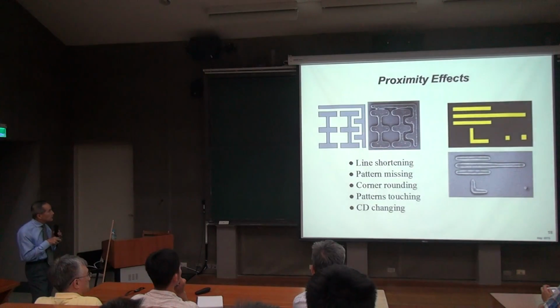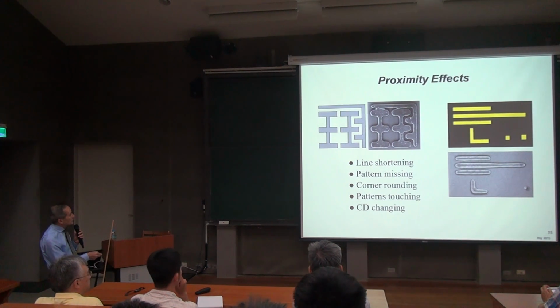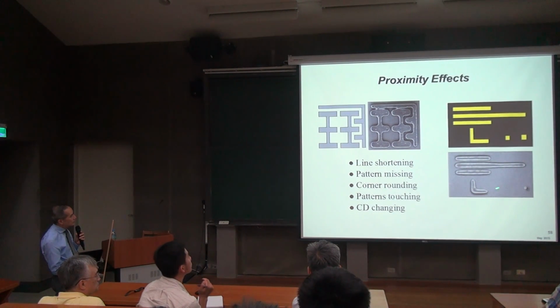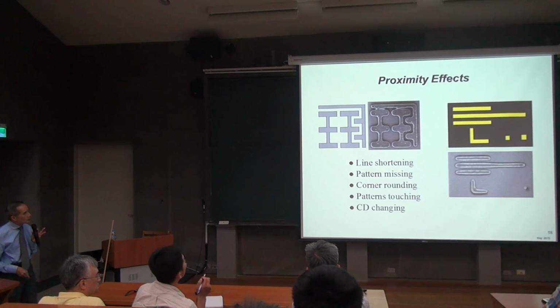Okay, proximity corrections. If we don't do anything, this is the original mask pattern, and that's what came out. You've got things joining, and then you've got line end shortening, thinning, and corner rounding. And here, when you've got an isolated line, it becomes narrower, and it becomes rounded, and you even lose some patterns. Okay, so you have to try to correct it on the mask.